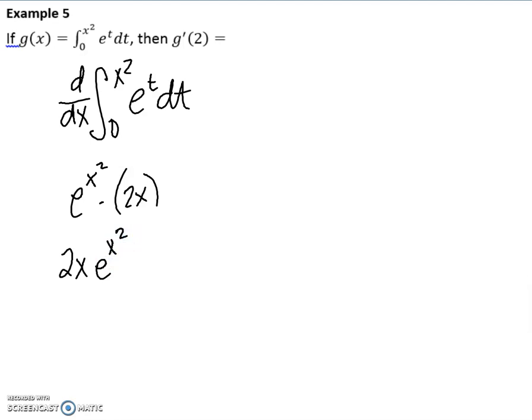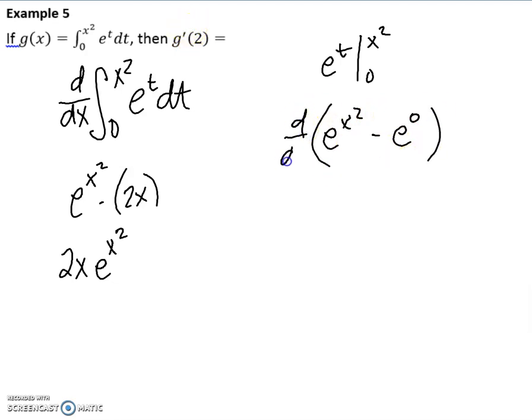Now, if I wanted to do this the long way, I could do the integral of this inside. So the integral of e to the t is just e to the t, and I would do it from 0 to x squared. And that would be e to the x squared minus e to the 0, which is 1. But then remember, we want the derivative, and we want it at 2. So I actually have to plug 2 in down here, but I'll do that in a second.